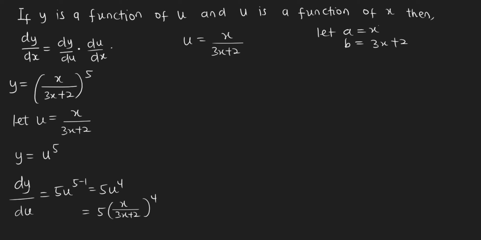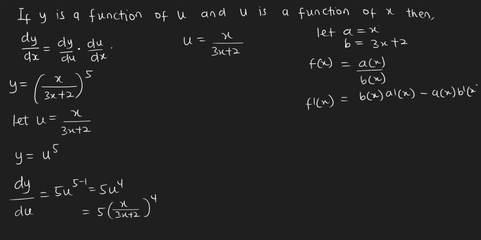Let's see, if we have a function f of x equal to a of x divided by b of x, then f prime of x will be equal to b of x multiplying a prime of x, minus a of x multiplying b prime of x, all divided by b of x squared.